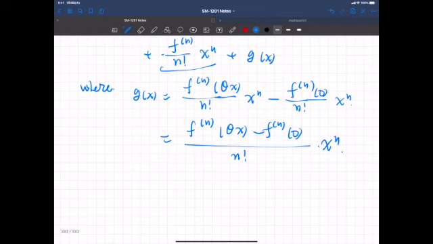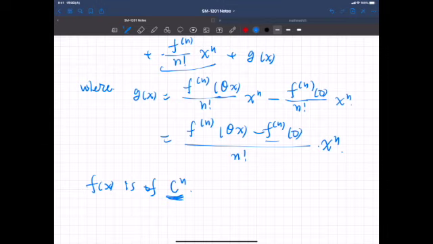Okay, and we know from the given condition that f of x is of class C^n. So the nth derivative is continuous.